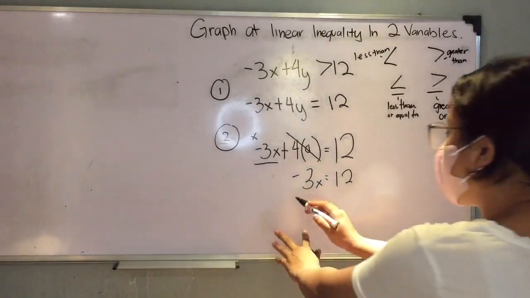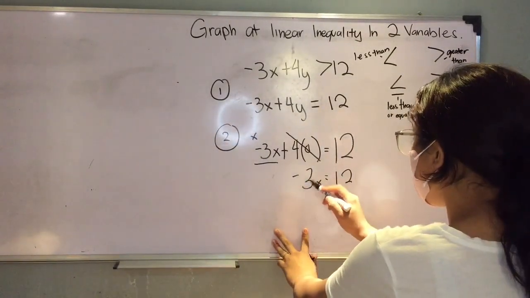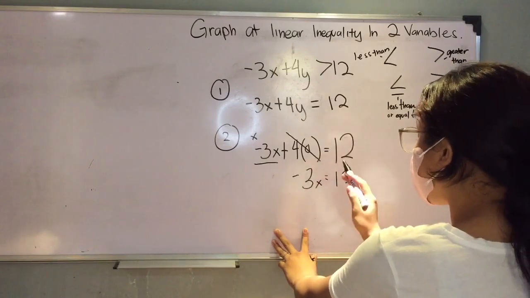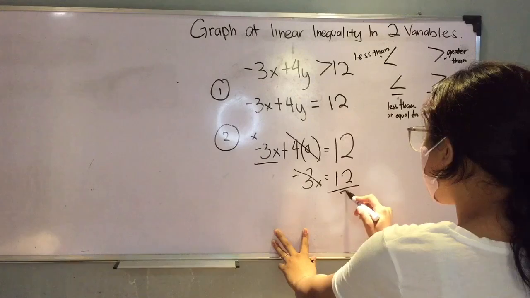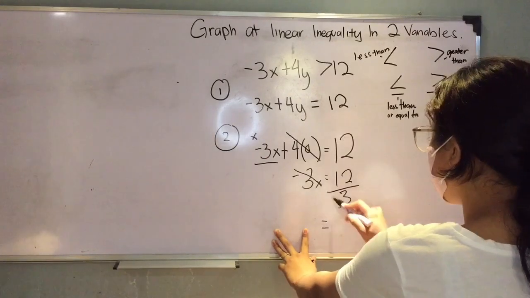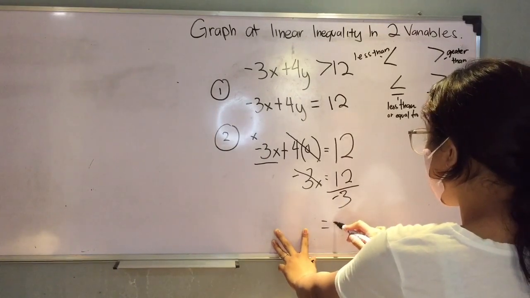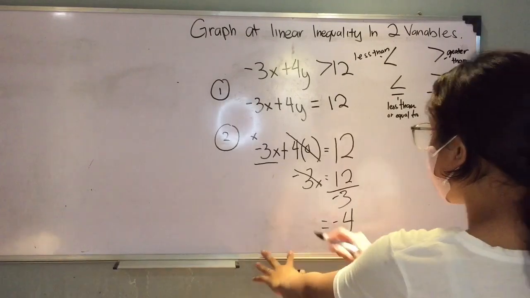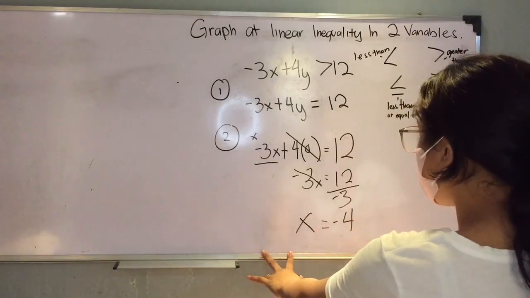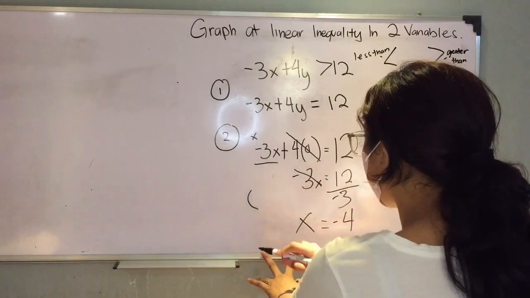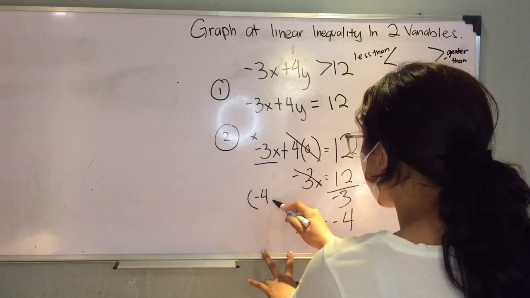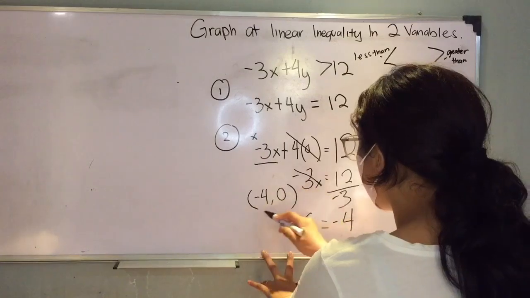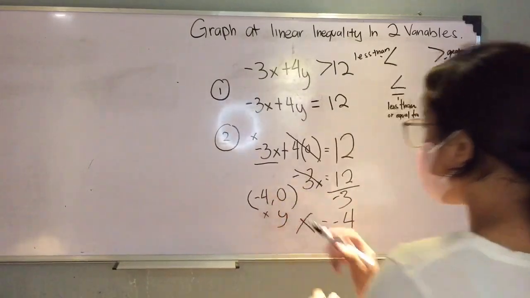Negative 3x divided by negative 3 is x, and 12 divided by negative 3 is negative 4. So x equals negative 4. Our point is negative 4, 0.